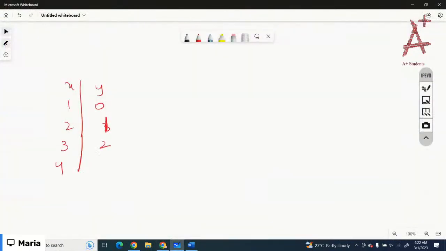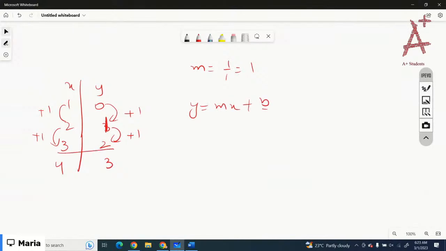Okay, 0 plus 1 is 1 and 1 plus 1 is 2. 1 plus 1 is 2 and 2 plus 1 is 3. That means the slope is 1 over 1. The slope is 1. Got it? Use any point in y equals mx plus b to calculate the value of b. Let's suppose I'm using 3, 2.